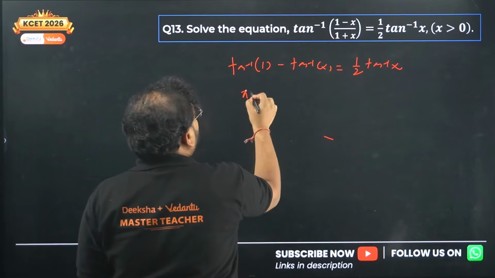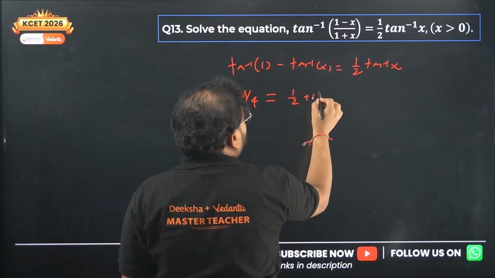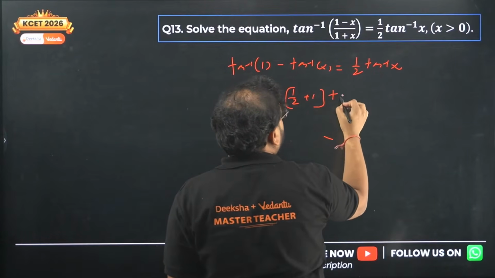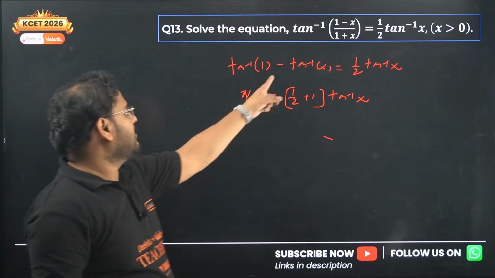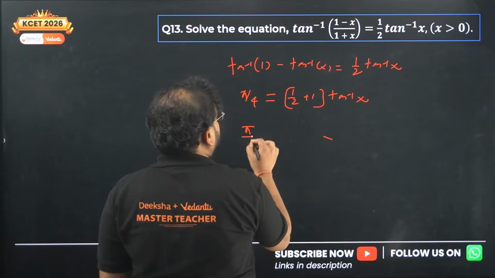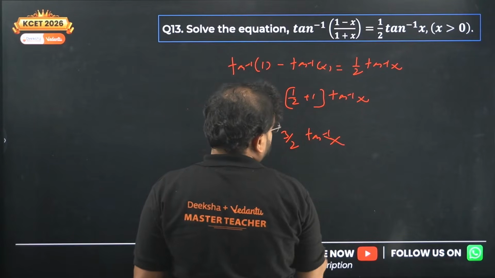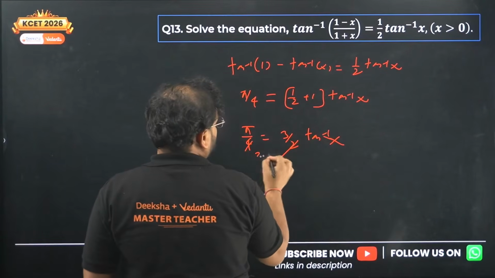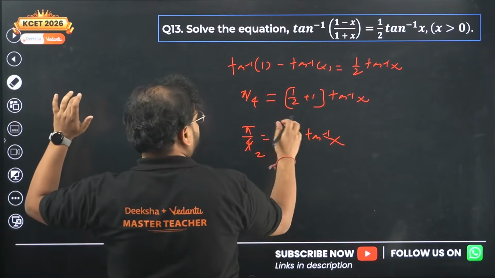So this will become pi by 4, and on the right, 1 by 2 plus 1. Take tan inverse of x common. Correct, no? Now we have this 1 over here, 1 by 2 plus 1 will become 3 by 2. Check now: pi by 4 equals 3 by 2 tan inverse of x. 2 2s are 4, sorry, not cancel, it'll come down actually.